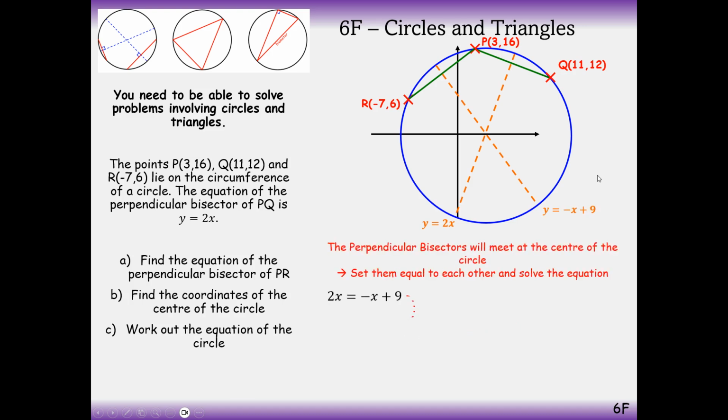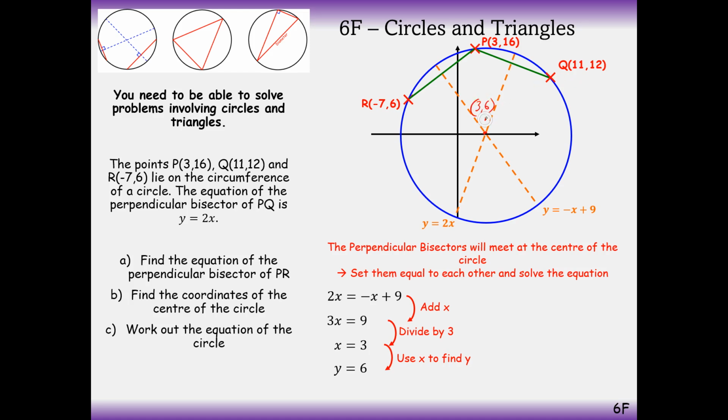Okay, so we figured out the center of the circle, and what else do we need to know? We need to know the radius of the circle. How do we figure out the radius? Because you know the center is 3, 6, it doesn't matter which coordinate you use.